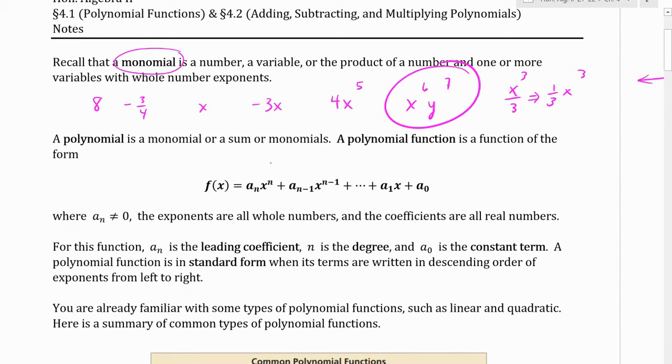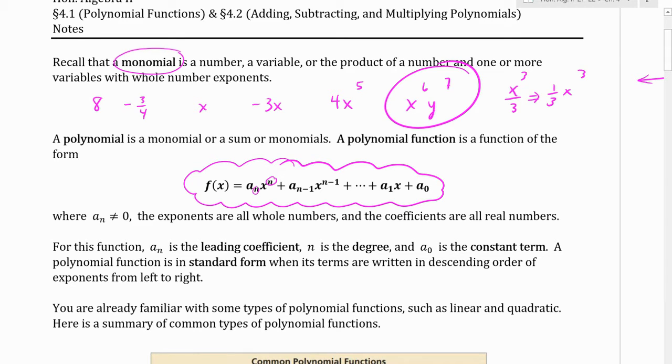Anything you have that's a polynomial function is going to be in this form right here, where a sub n, a sub n minus 1, a sub 1, a sub 0, which people call a naught. That's just your coefficients. Whatever the biggest power is, n, that's the coefficient that goes with the power n.